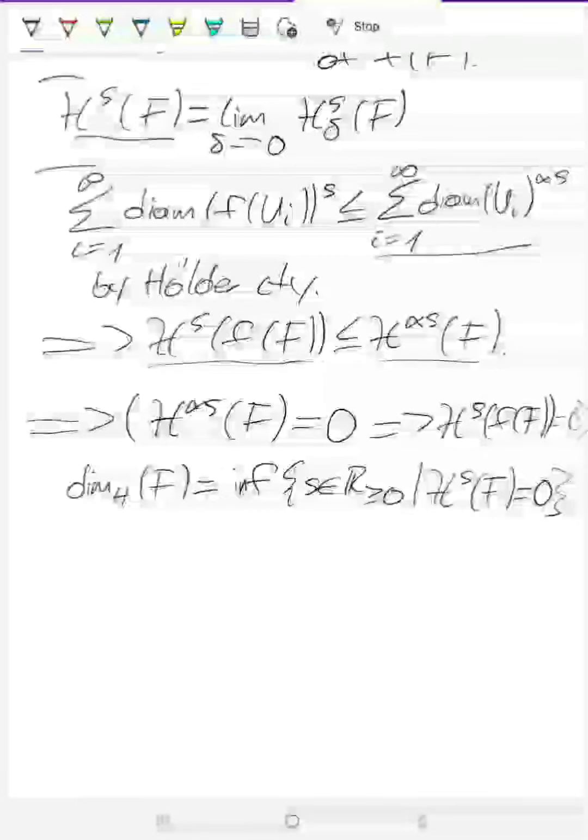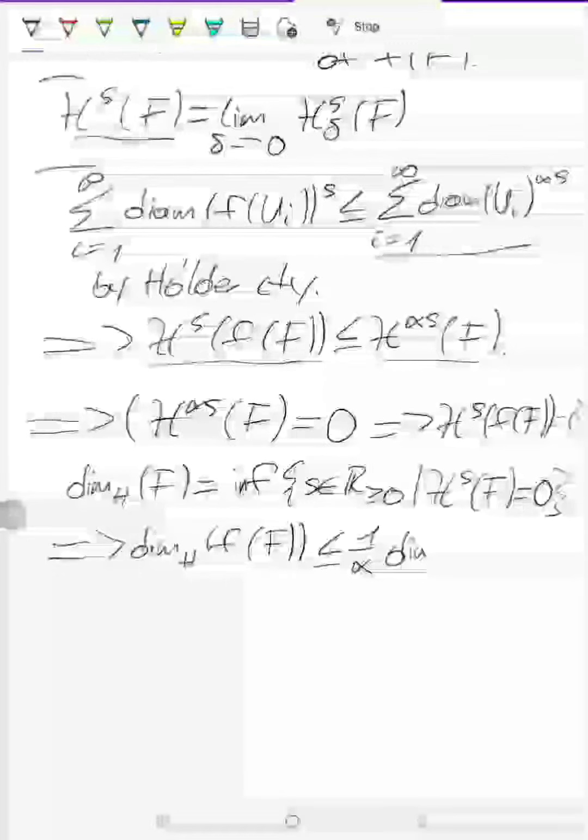So we have this implication, which means that the dimension of the image is at most 1 over alpha, the dimension of f.